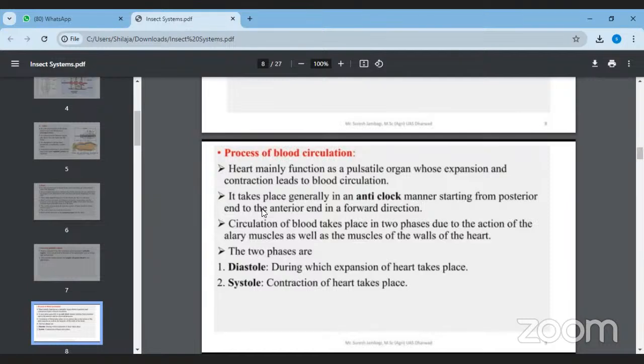And circulation of blood takes place in 2 phases due to the action of the alary muscles as well as the muscles of the walls of the heart. So the 2 phases are diastole and systole, as we already know. Diastole is during which expansion of the heart takes place, and systole means contraction of the heart.